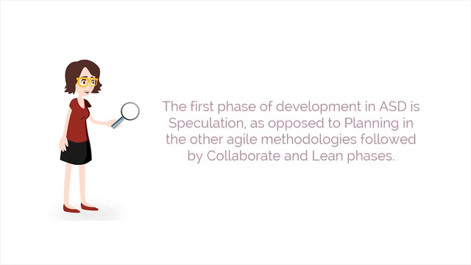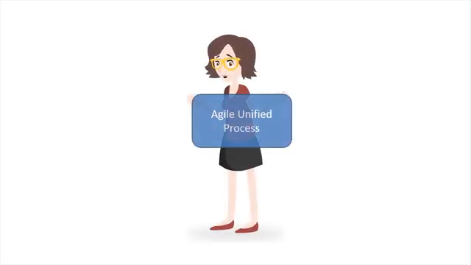The first phase of development in ASD is speculation, as opposed to planning in the other Agile methodologies, followed by collaborate and learn phases. The eighth method is Agile Unified Process. AUP is a simplified version of IBM's Rational Unified Process and was developed by Scott Ambler.